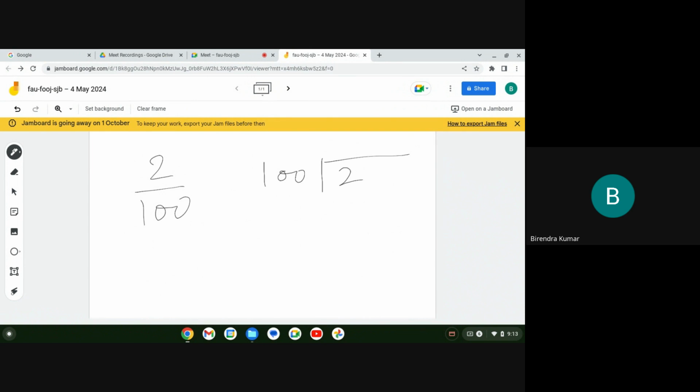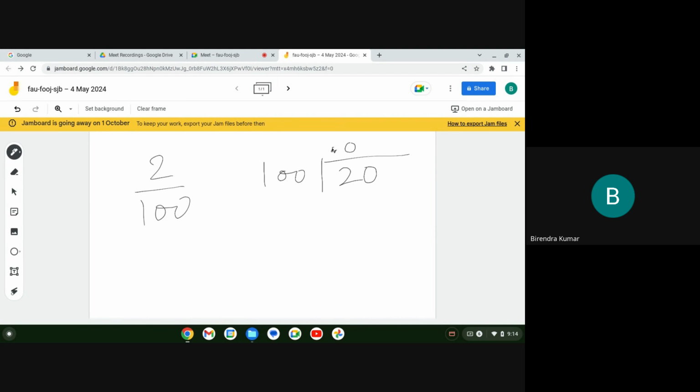Now I'll put a decimal. I'll not worry about the 0 point something. I'll just say decimal. Decimal gives me a 0 at every step. Simple. Now this is not enough. 20 is less than 100. I need to make it bigger. The only way I can do it is, I cannot add another decimal.